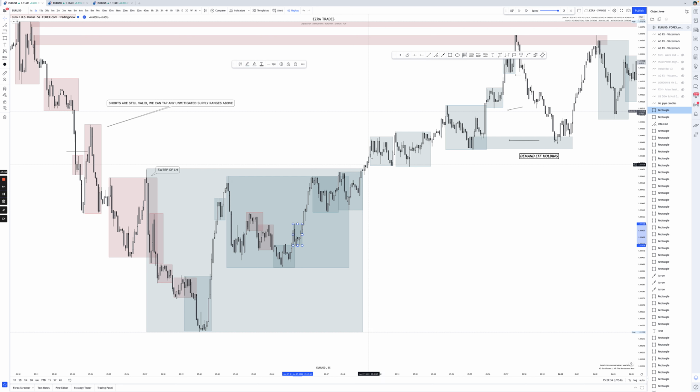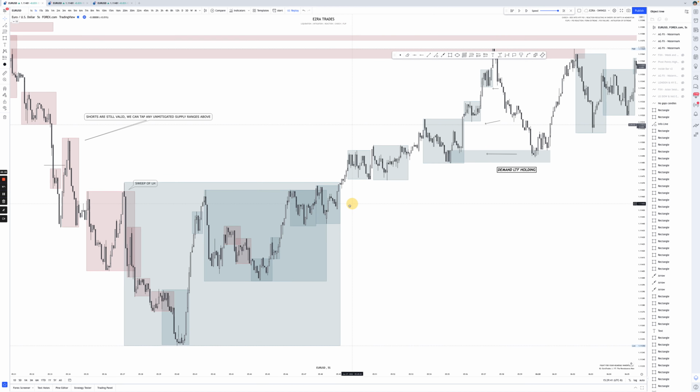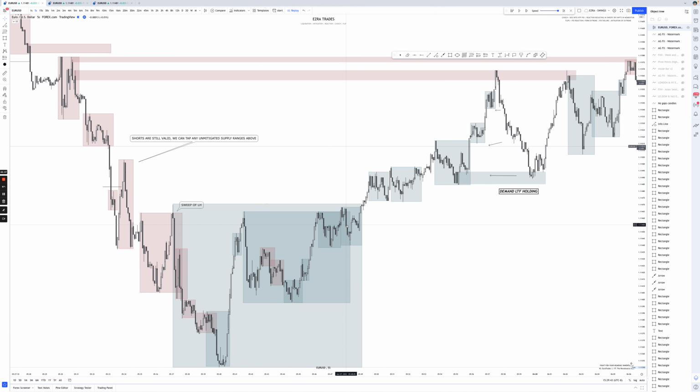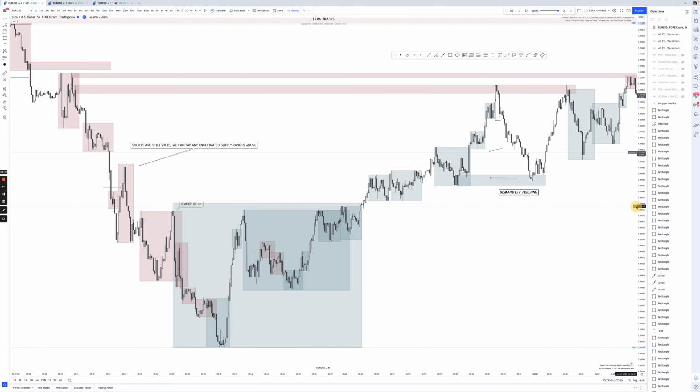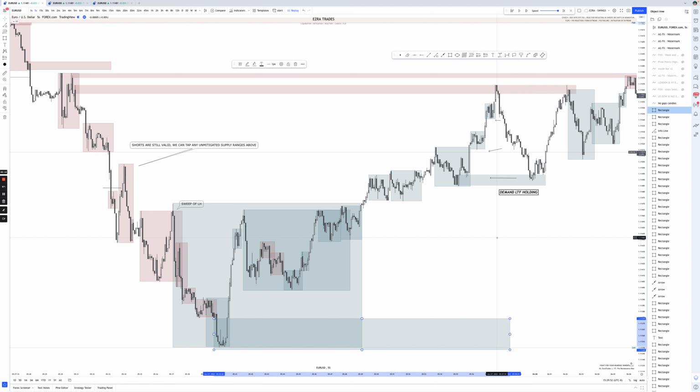And so when we shift, if we got a break and a pullback into a range that has been unmitigated, we can expect continuation, right? So this is just further going to help you gain confidence when trading, so that you don't think, well, if I didn't get this extreme, then I'm simply not going to take a long, right? Because in the past, this is something that I do too.